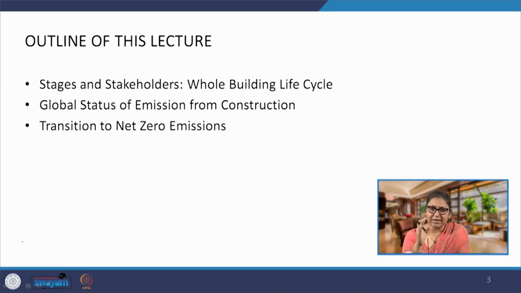And then we are going to quickly look at the status of emission from construction and where are the possibilities for interventions for reaching a net zero emission status in case we are talking about buildings. What are the different scopes, which activities fall in which scope depending upon the activity, the project of each stakeholder or the related company. So, this is what we are going to look at in this lecture as we are gradually focusing on the emissions through buildings.